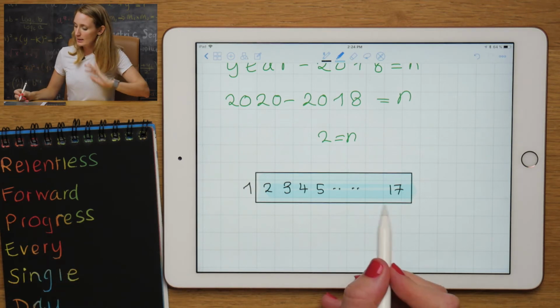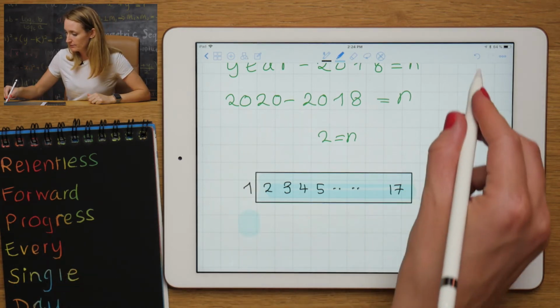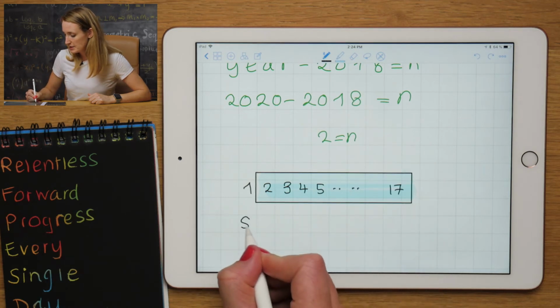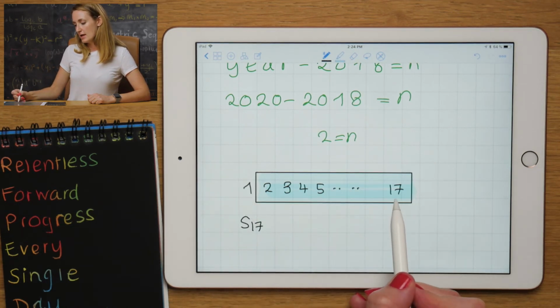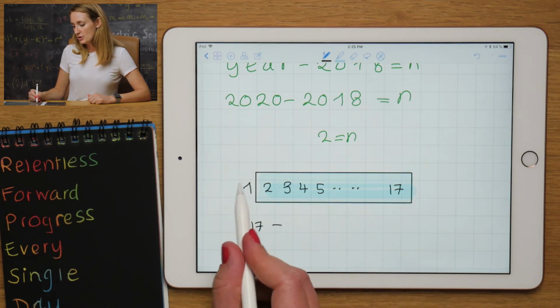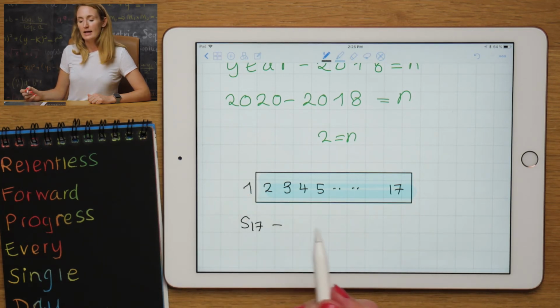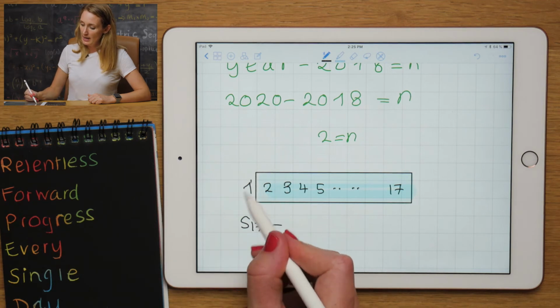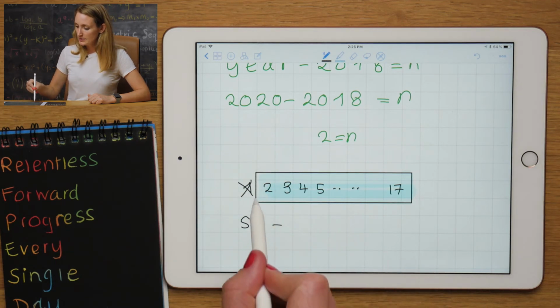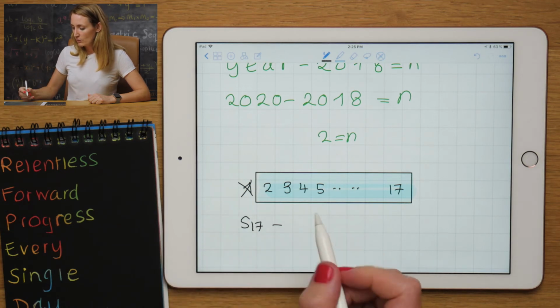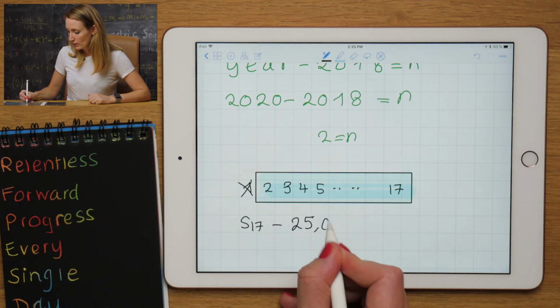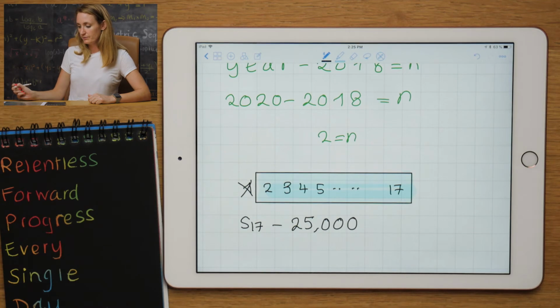What we need to do here is do S17, which would give us every single value from 1 up to 17. And then we need to subtract the amount of money that was made in the first year. So that would eliminate this one, leaving only the second year up to the 17th year. Luckily for us, we already know that in the first year they made 25,000.